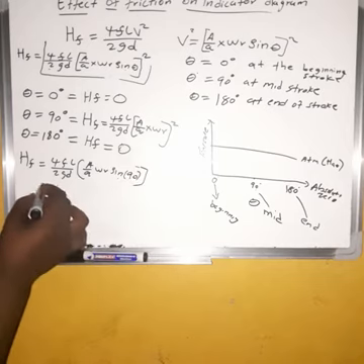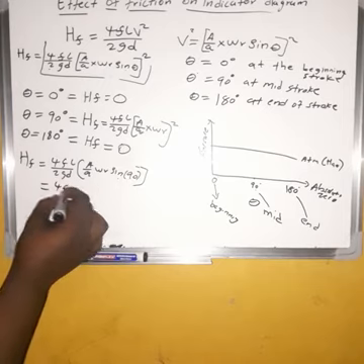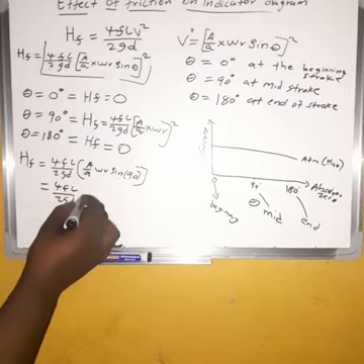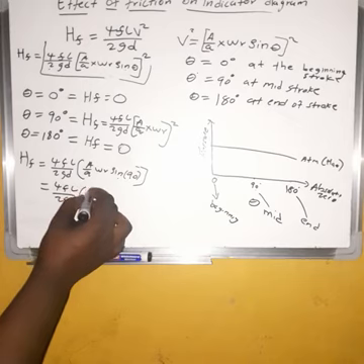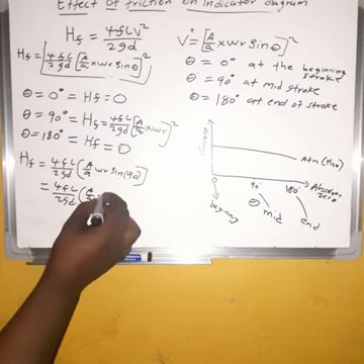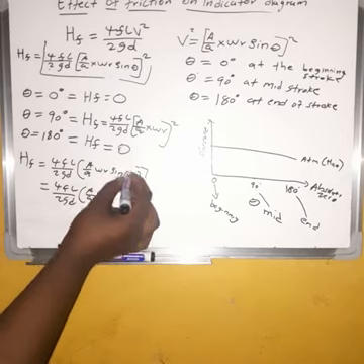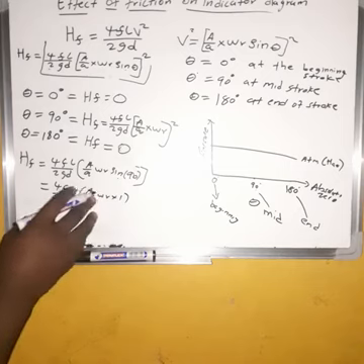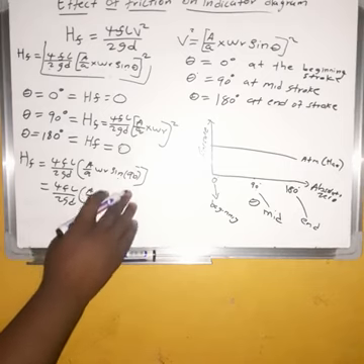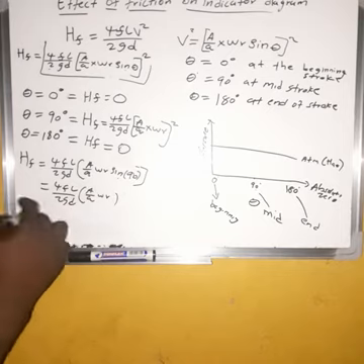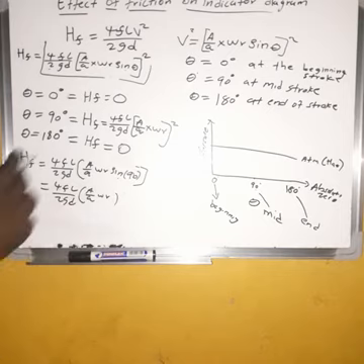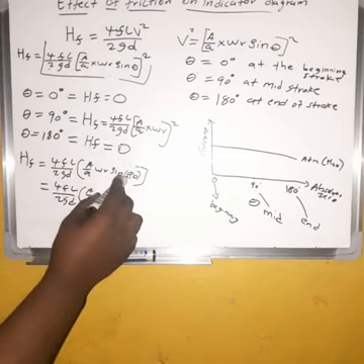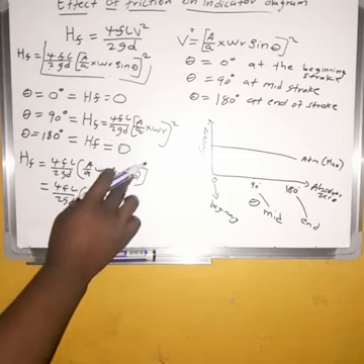When you replace with 90, this will be 4FL over 2GT into area A WR, which is the same as 1. This will multiply by 1, and when you multiply by 1, it will be like this only. When theta is equal to 180, we'll have 0.